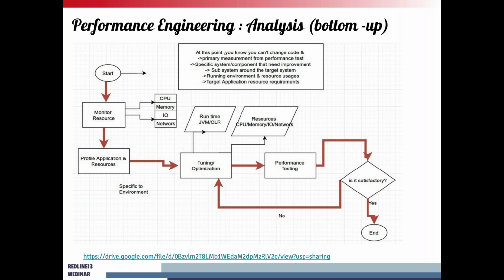Exactly. The bottom up, if you go to the next slide. In the next slide, you will see that after the top down scenario, when we cannot change the code, we have to optimize our whole environment and configuration so that this individual application works properly on this specific host.